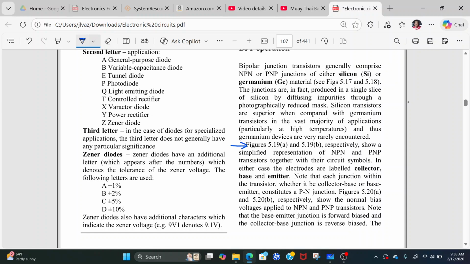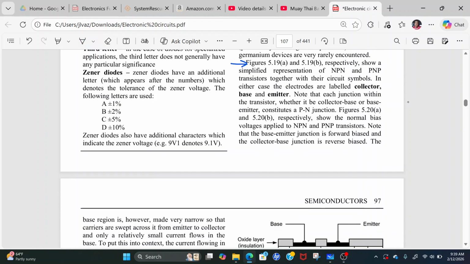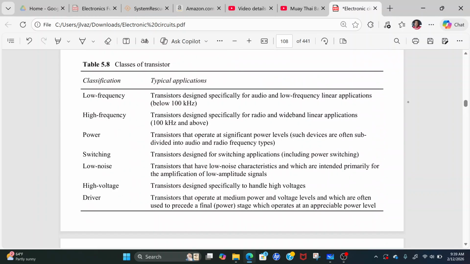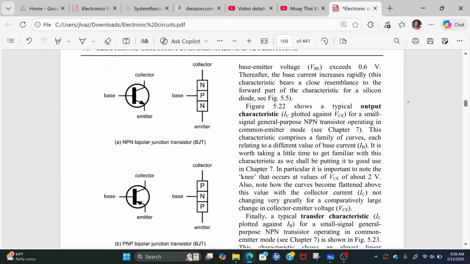Figures 5.20a and 5.20b respectively show the normal bias voltage applied to an NPN or a PNP transistor. This is very important when understanding transistors. Let's go ahead and take a look at the figures. This is what they're talking about.